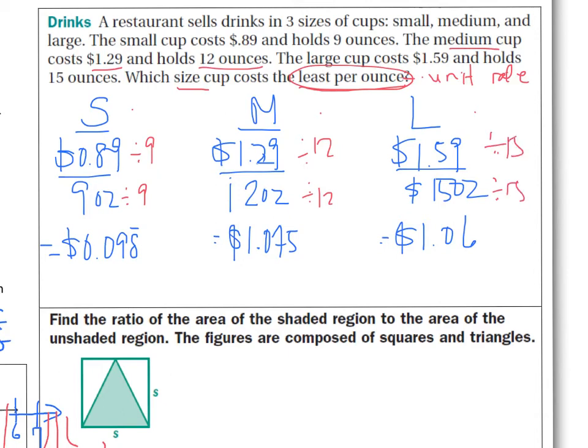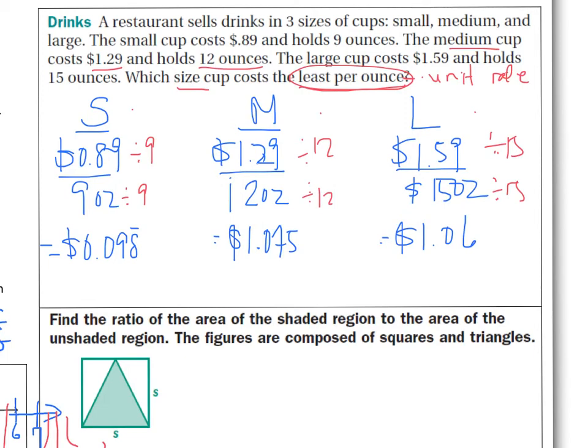After dividing 89 cents by 9, I should get about 0.098 repeating. After dividing $1.29 by 12, I should get $1.075.